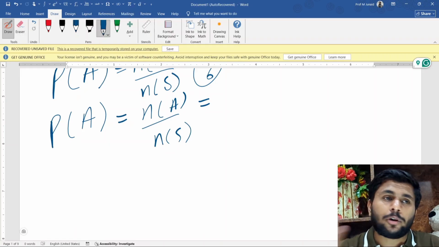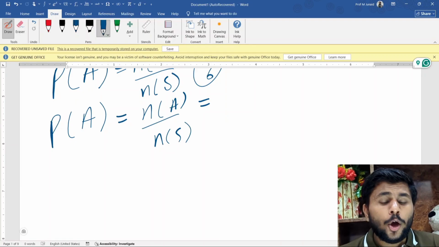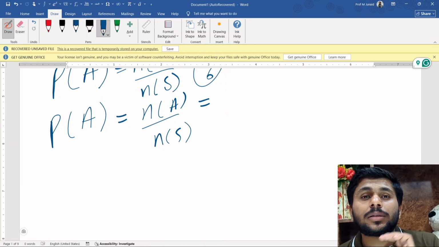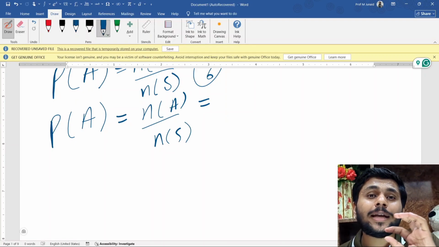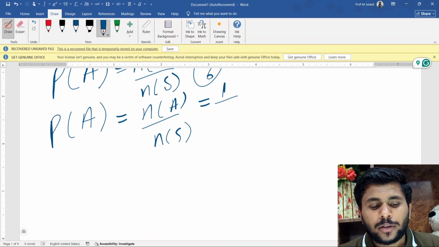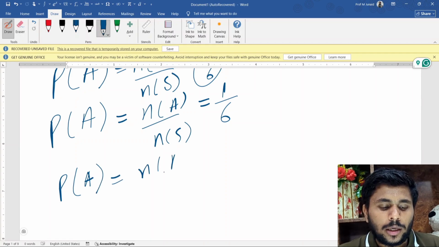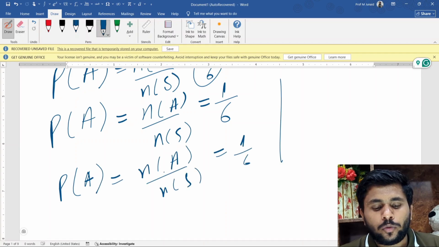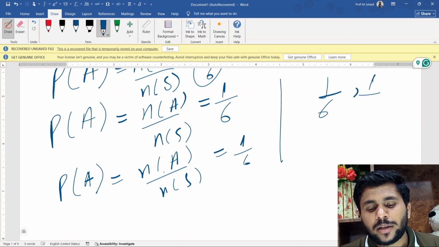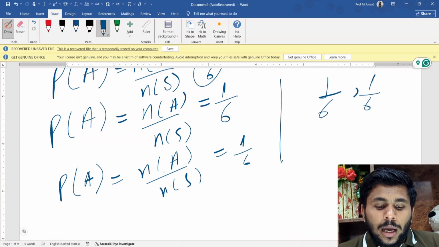You can easily say 1 by 6. Probability of 2, you can easily say 1 by 6. So every number which you see on a dice has the same probability, 1 by 6.